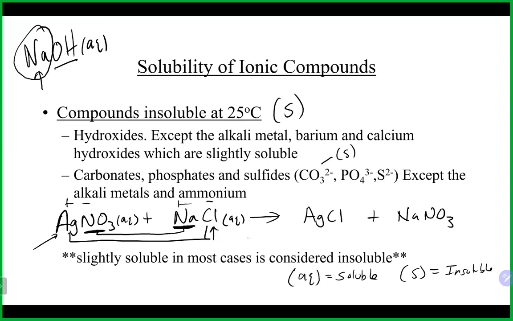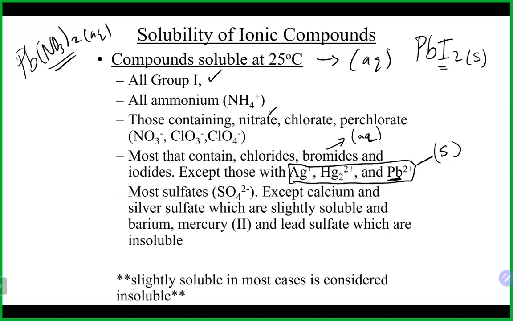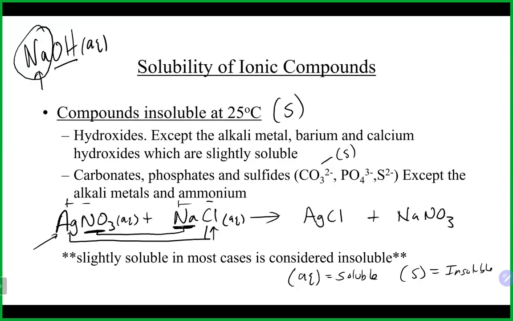Based on the solubility rules, chlorides are soluble except when they're hooked up with silver, mercury, or lead. And in this particular case, it is not silver, mercury, or lead here, right? It's sodium. So that also tells me the same thing, that it is soluble in this case. So you can actually look at either one if you can find both of them on the solubility rules.